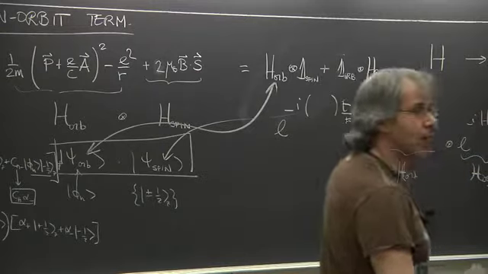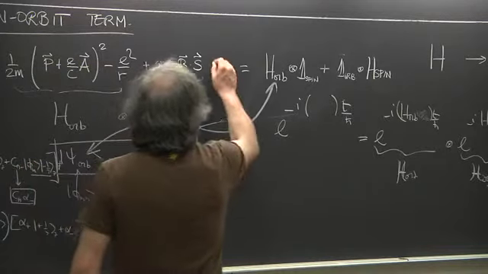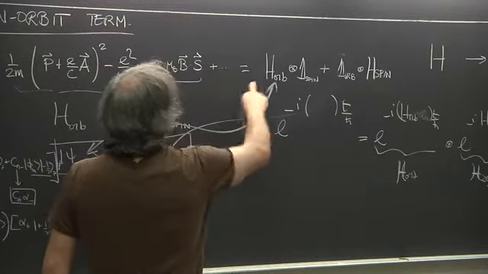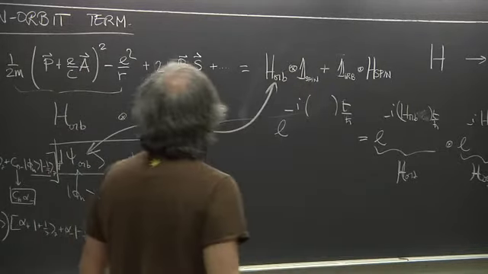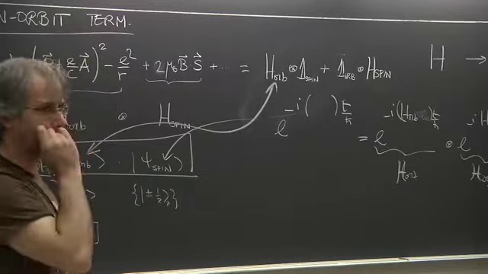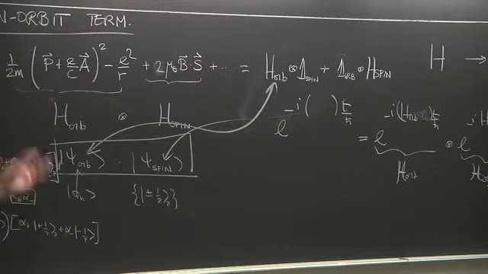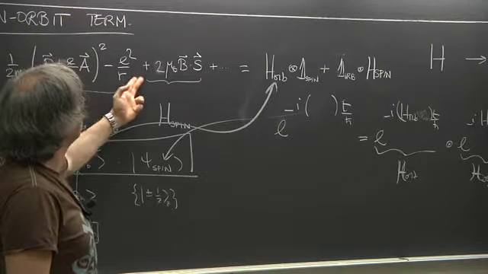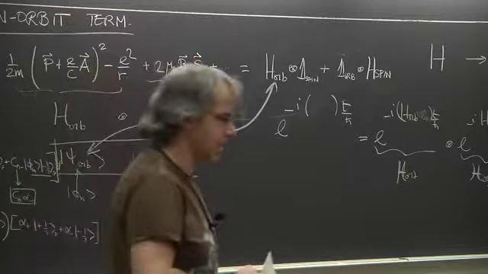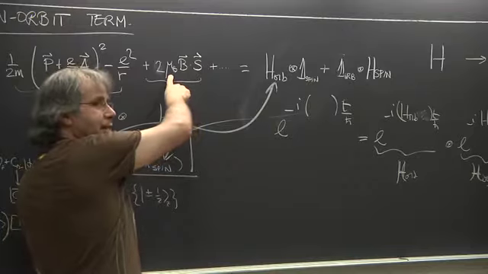However, there are cases, and today's lecture is exactly devoted to this, where you have new terms here that are not always of this type. So let us see the origin of this term. Obviously, this term must be of some relativistic origin. Because if you think non-relativistically, that's all you have, for instance, for a hydrogen electron: kinetic energy, possible terms due to the field, the Coulomb term, and possibly this one, which already has a relativistic aspect in it.